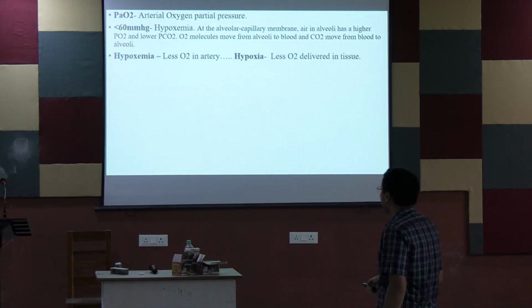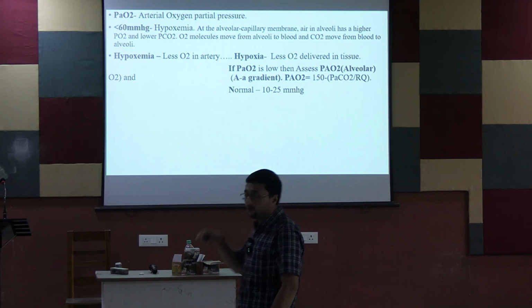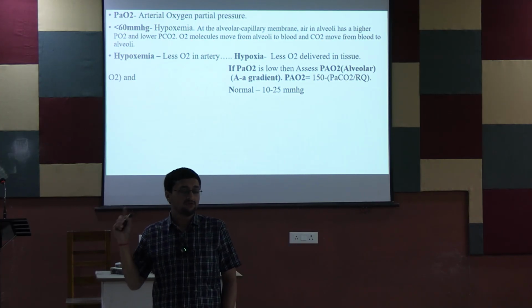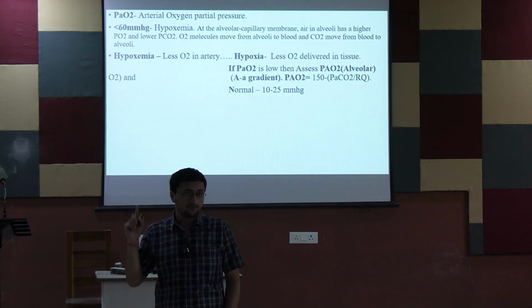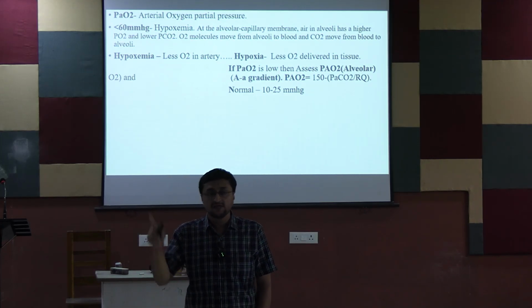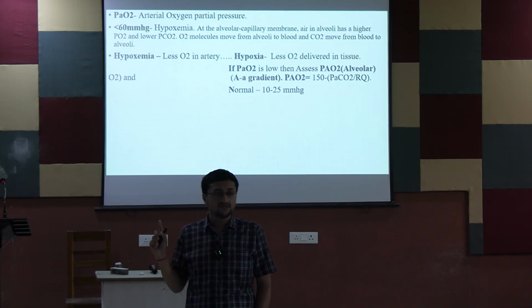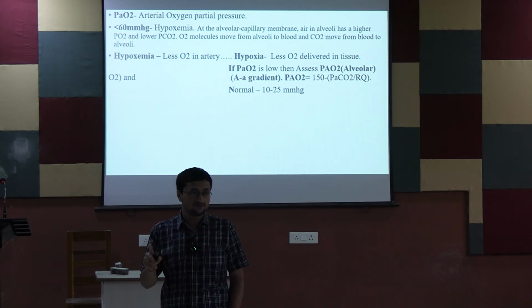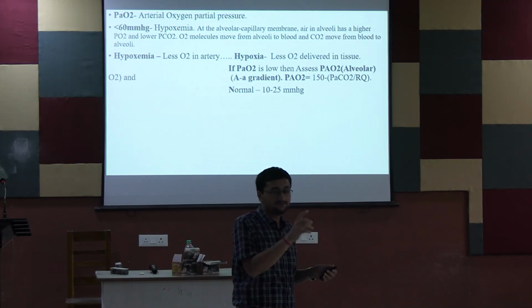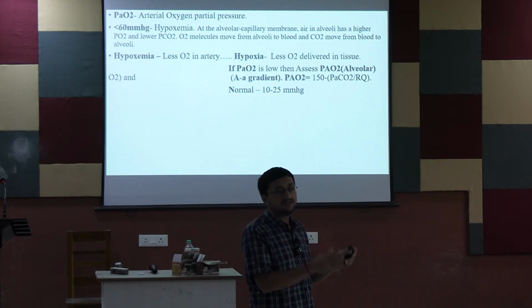So the alveolar oxygen can be calculated by this formula: 150 minus PaCO2, arterial carbon dioxide, divided by respiratory quotient, that is 0.8. This is how you can measure the alveolar oxygen and subtract it from the arterial oxygen. You can easily get the AA gradient.